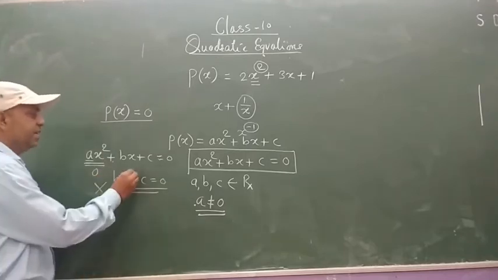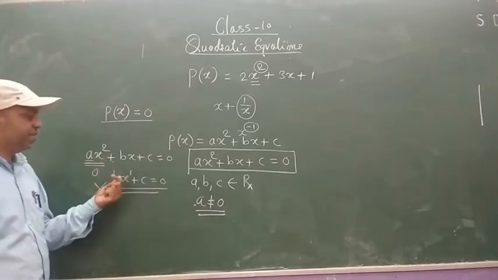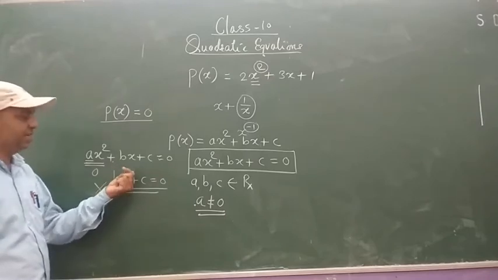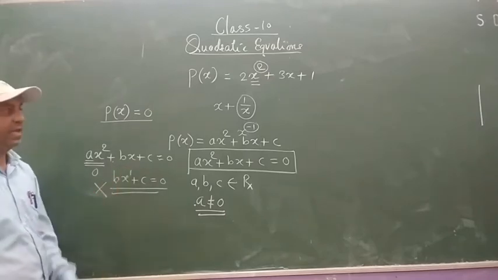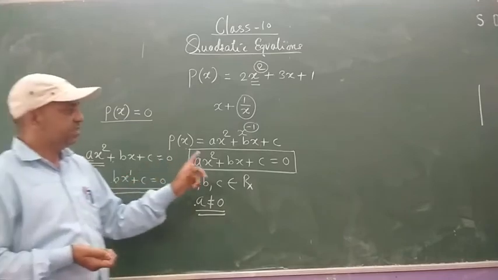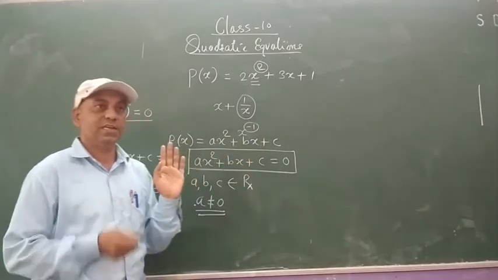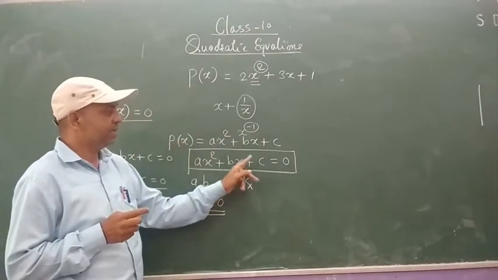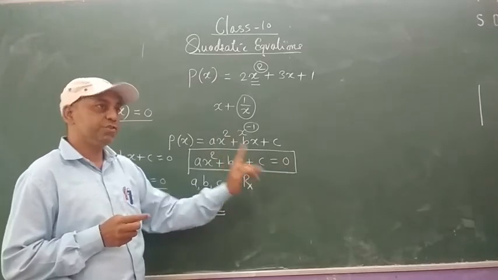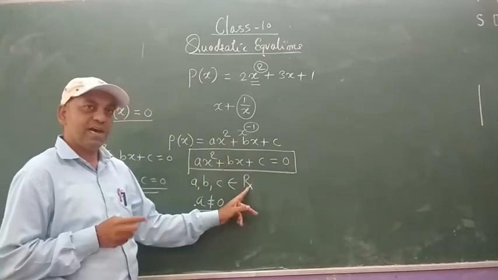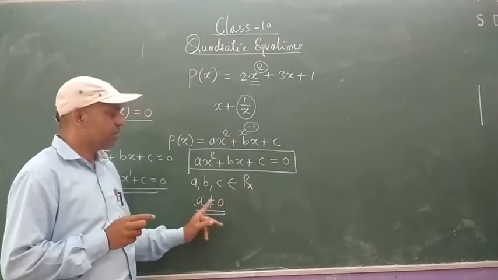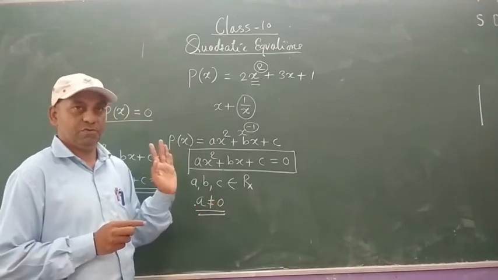It is a linear equation because here the variable x has degree 1. So this is the standard form of a quadratic equation: ax square plus bx plus c is equal to 0, where a, b, c are real numbers and a is not equal to 0.